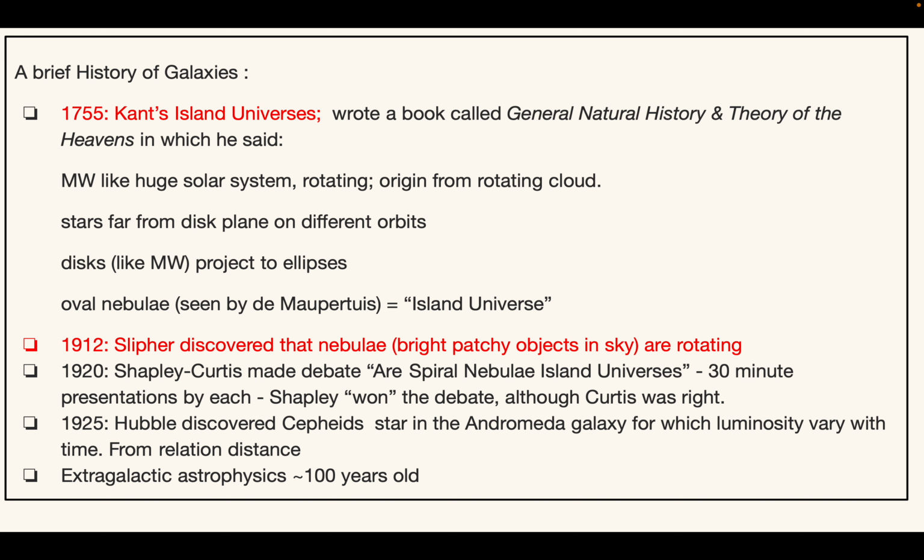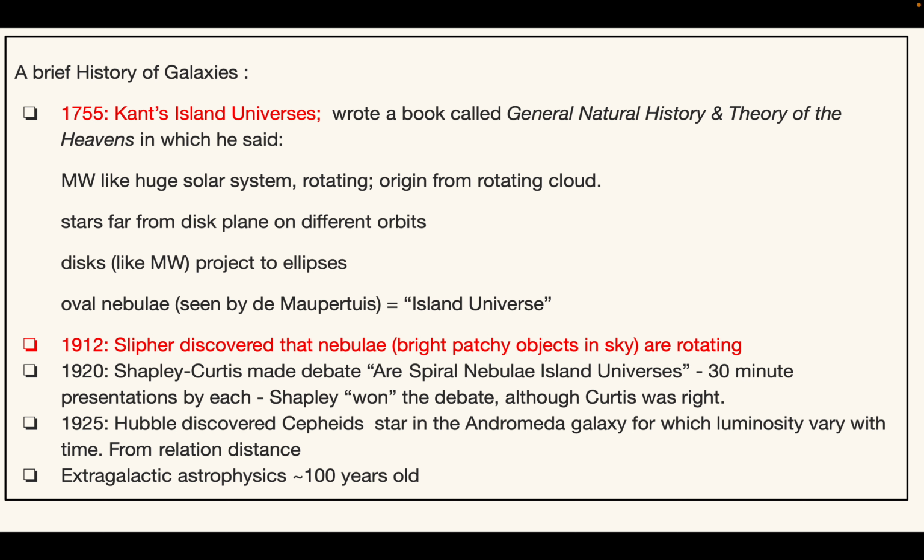Shapley, who said that the nebulae are within our own Milky Way, won the debate, though Curtis was right, because there was no direct evidence that these bright nebulae were outside our galaxy. So until 1920 there was no idea about extragalactic astronomy. They believed that the bright patchy objects in the night sky were within our Milky Way galaxy.